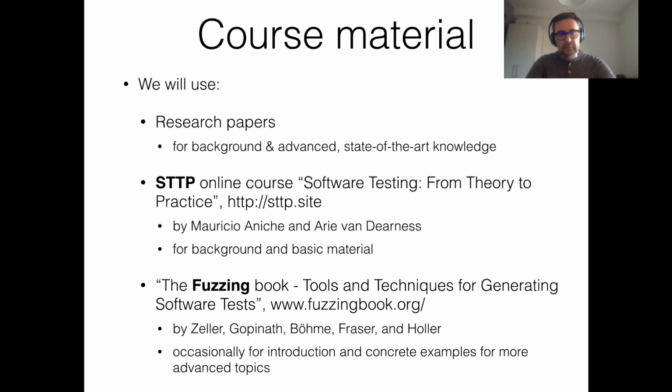STTP on bullet number 2 here is an online course from Delft University of Technology called Software Testing from Theory to Practice. We will call this STTP, and it's freely available online on this URL. And it's more for the basic material.